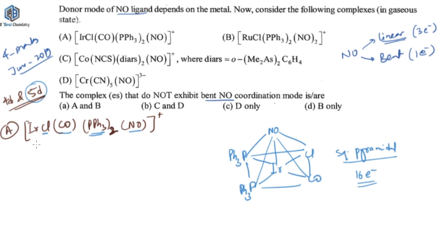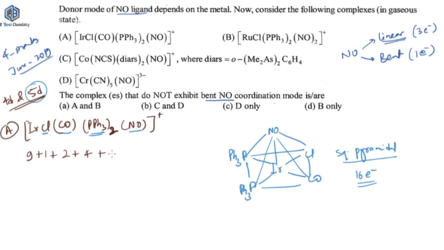Now let's just quickly calculate the number of valence electrons over here. So iridium will give you 9 electrons since it is in the cobalt family. Then you have 1 electron from chlorine, you have 2 electrons from this CO, that is the carbonyl ligand. Then triphenylphosphine is going to give you 2 into 2, that means 4 electrons from here.